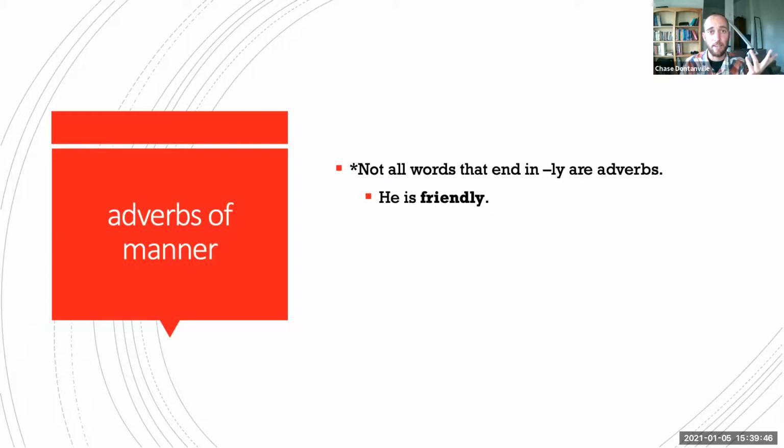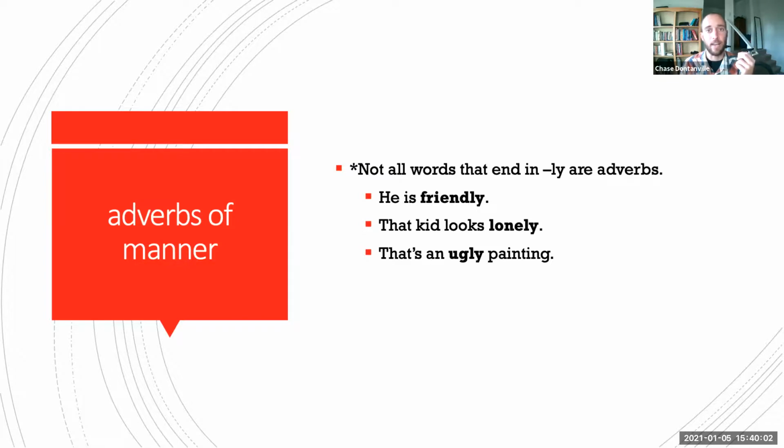Friendly ends in ly, but it's an adjective. That kid looks lonely. Again, ends in ly, but lonely is an adjective. That's an ugly painting. Ugly is an adjective, not an adverb. Those are lovely flowers. Again, lovely is an adjective, not an adverb.